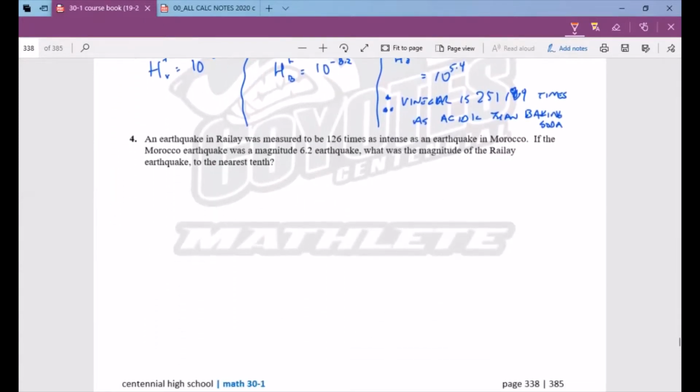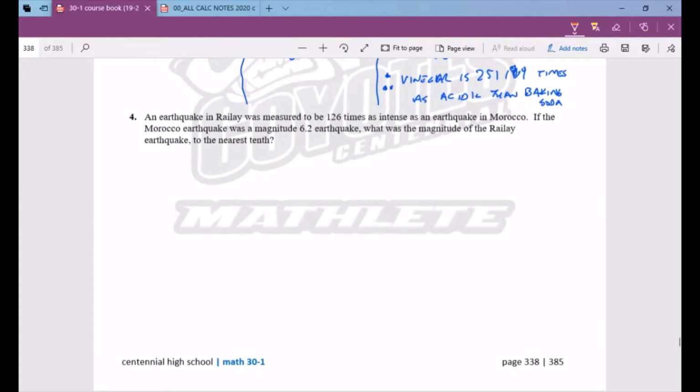Last question. Number 4 says an earthquake in Rayleigh is 126 times more intense than an earthquake in Morocco. If the Morocco earthquake was a 6.2, then what was the magnitude of Rayleigh?